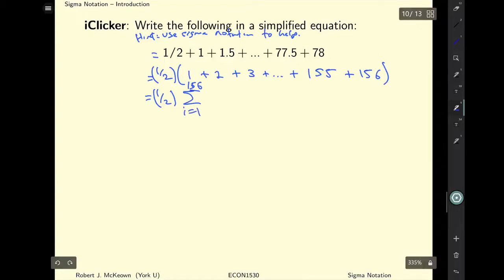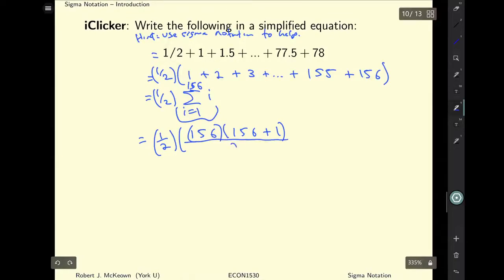I'll set the index to equal to i, and we've already shown that this thing is going to be equal to, well, in this case it's going to be 156 times 156 plus 1 divided by 2. And so I'm going to use a calculator, and my answer is 6,123.